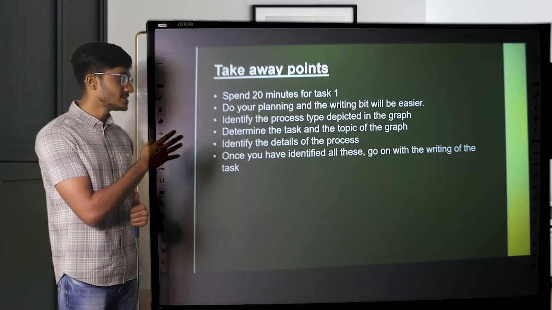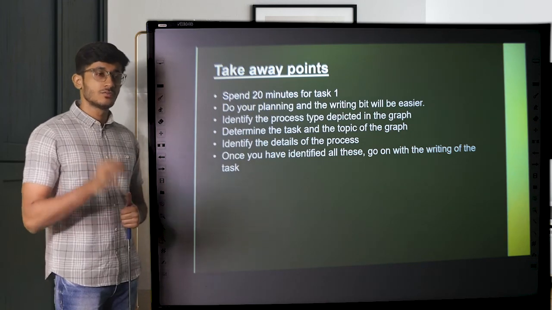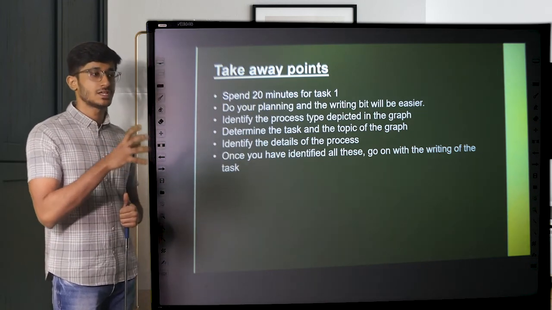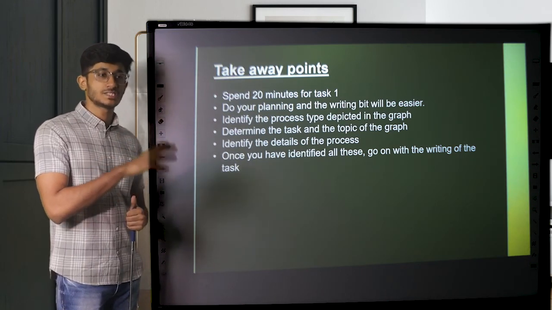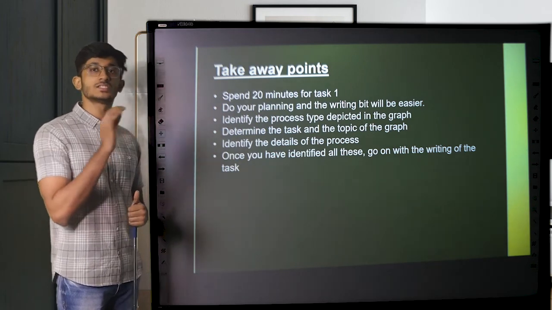And you have to identify the details of the process. You have to jot down the details for both types of diagrams. If it is a process diagram relating to steps of a particular process, you have to jot down the details for each step.